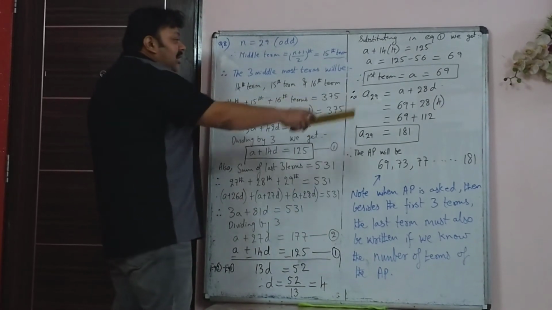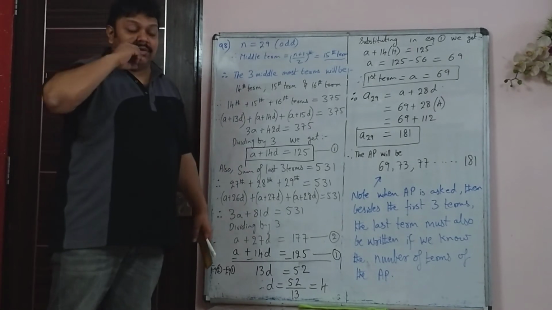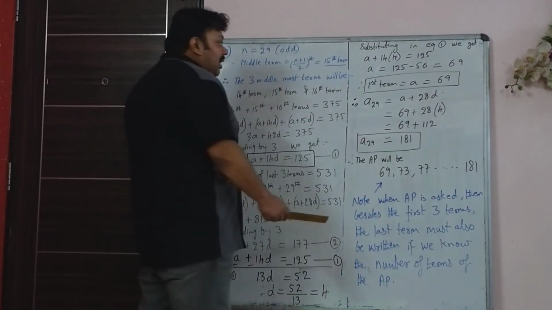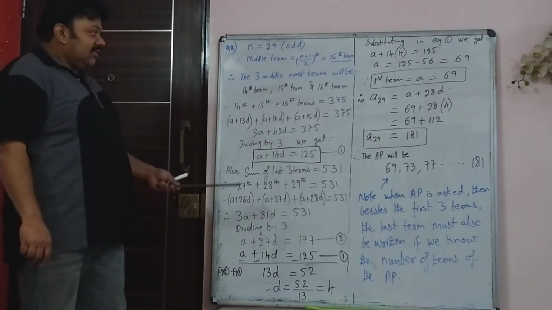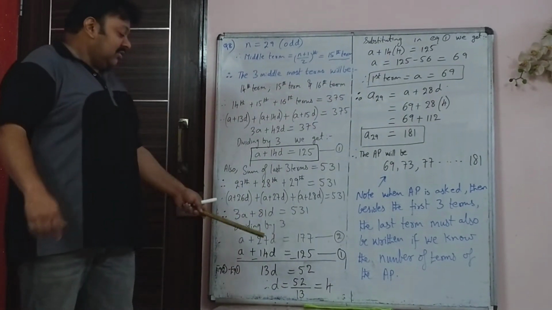So you are asked to write the sequence. That means you are asked to write the AP. So when you write the AP, you will write the first term you had found, which is 69, then there will be a difference of 4.